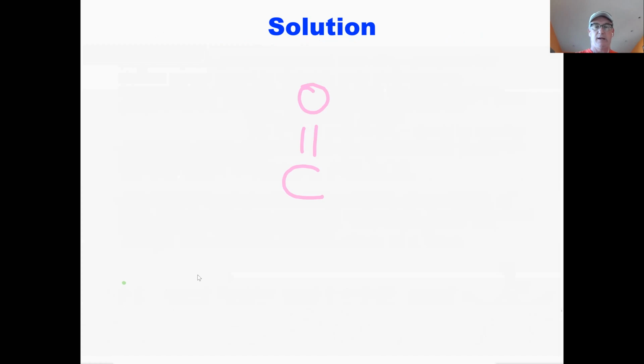Don't have to remember that. And on one side we have a methyl group, which is 1, 2, 3. It's just methane, but instead of another hydrogen, it has a carbon-carbon bond. So we call it methyl. And on the other side we have the same thing. 1, 2, 3. H, H, H.